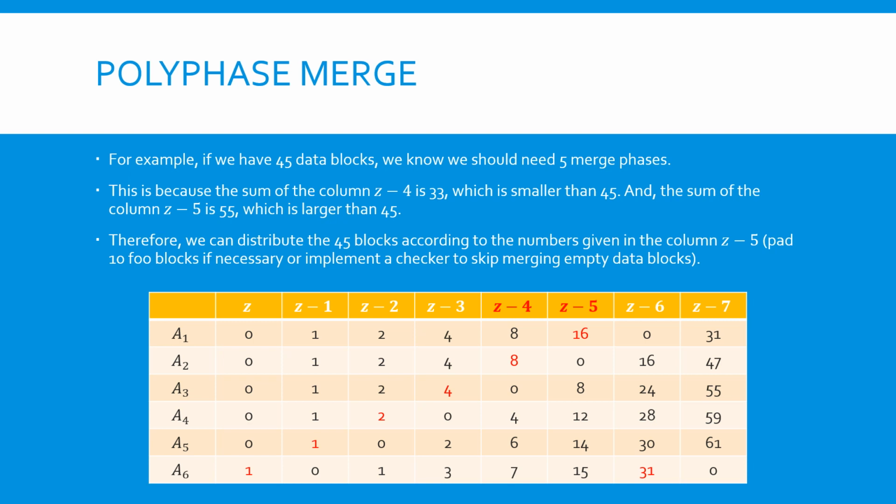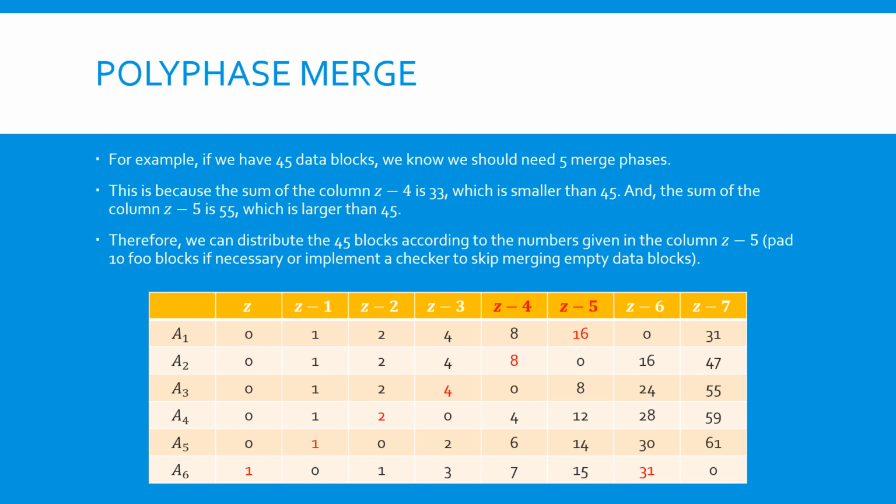For example, if we have 45 data blocks in total, we can search the table from left to right. We find that in the z-5th column, all numbers add up to 55, which is larger than 45. We cannot take the z-4th column, as all numbers in it add up to 33, which is smaller than 45.